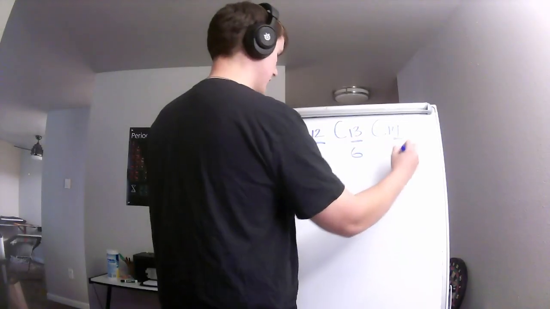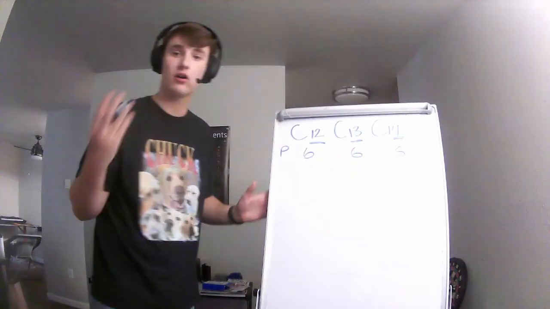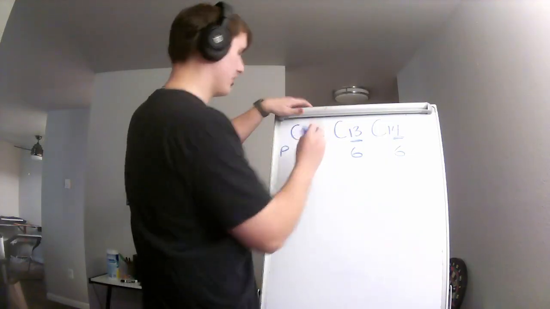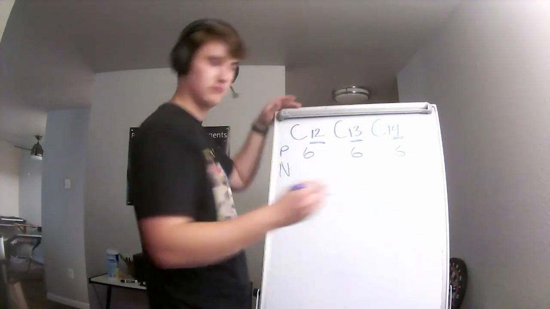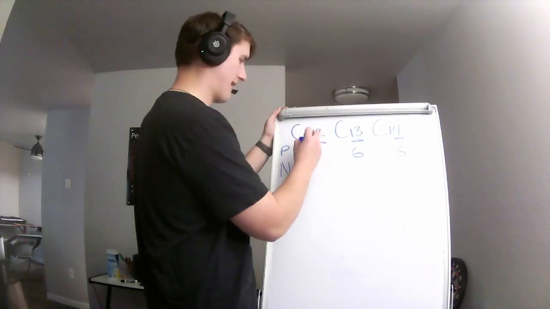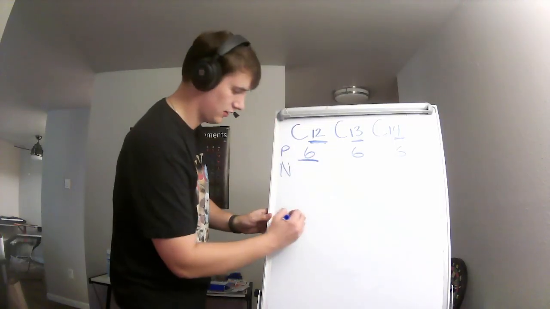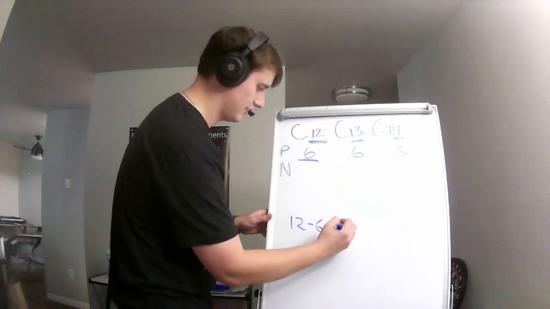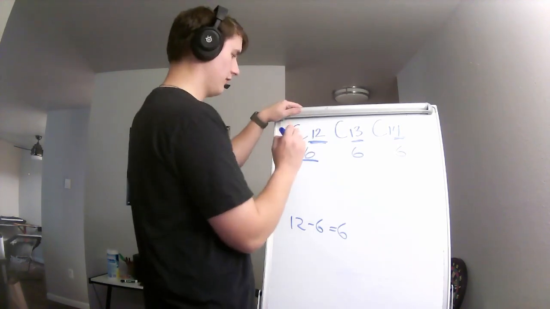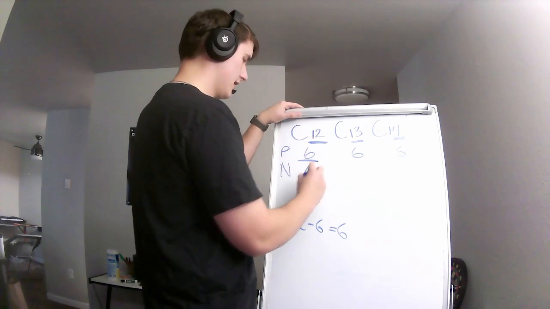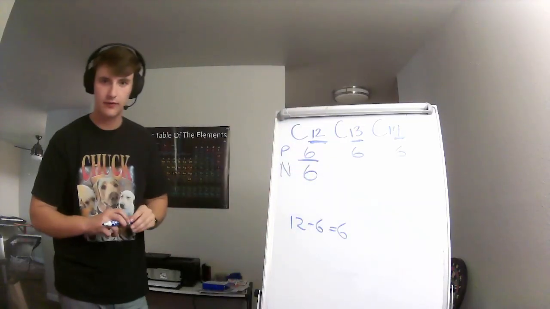They're all going to have 6 protons. They have to all have 6 because they're all carbon, right? But what number does change? The number of neutrons, right? So carbon 12 has a mass of 12. And if we have 6 protons, well, 12 minus 6 equals 6. So carbon 12 must have 6 neutrons, right?